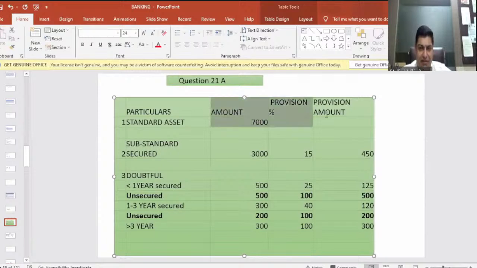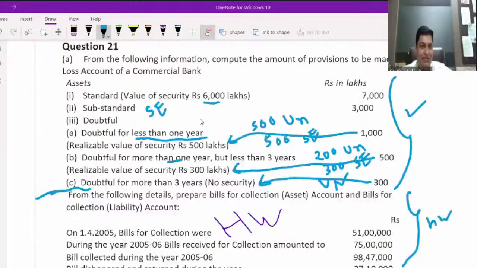Now the problem is on this 7,000. Sir, how should we consider this 7,000? Sir, on this 7,000, 6,000 is secured and remaining 1,000 is unsecured. So how should we consider provision on this 7,000?